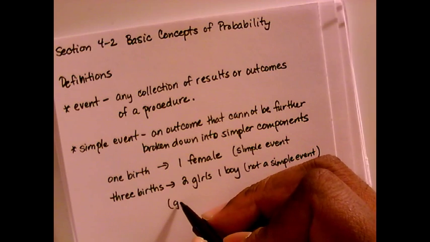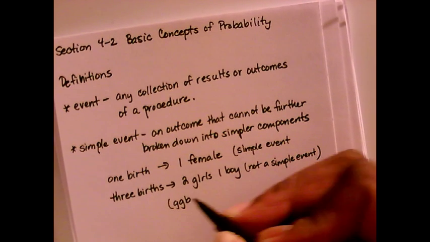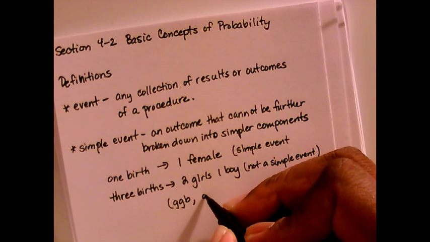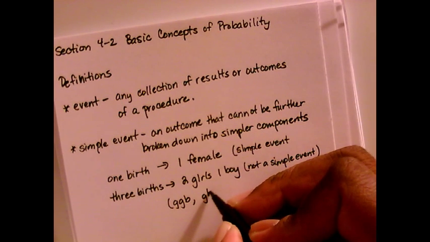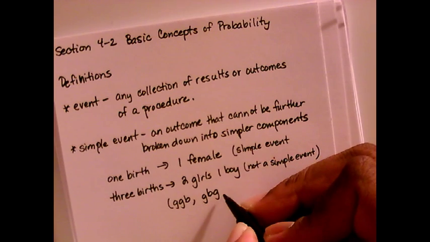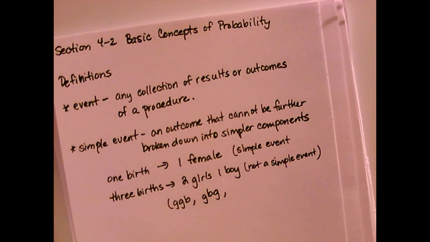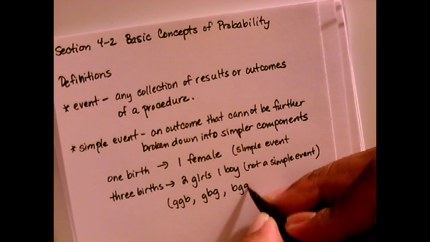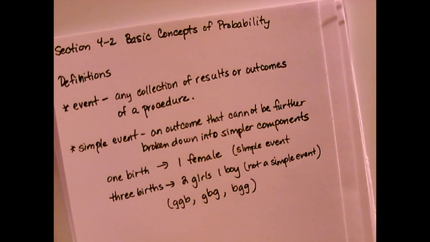The first one could be a girl, the second one would be a girl, and the third could be a boy. Or another event would be this. The first could be a girl, the second could be a boy, and the third could be a girl. Or another event, the first would be a boy, then the last 2 will be girls. Okay, because I can break that down into more simpler components. So having 3 births where 2 girls and 1 boy happens would not be a simple event.